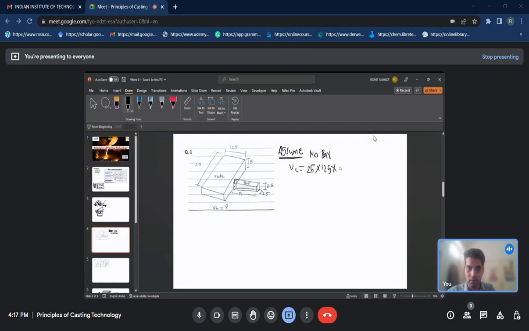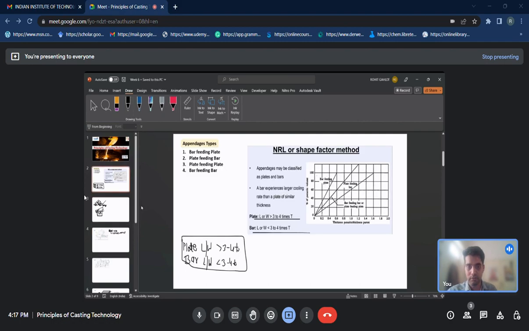In the figure the dimensions are not given, so I'm assuming centimeters. First we calculate the volume of the plate, which comes to around 1562.5 cubic centimeters.